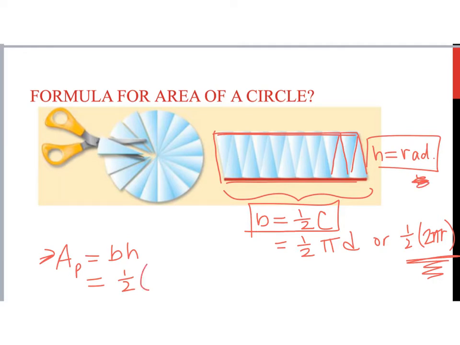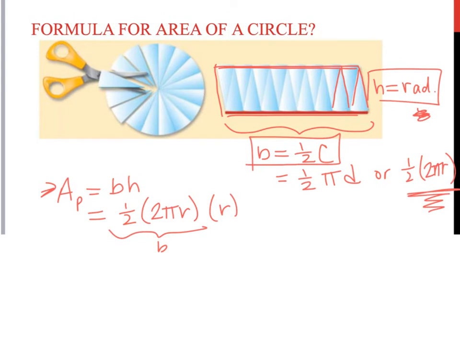So if I have 1/2 times 2 pi r as my base, and I multiply it by my height, which we said was r, my 1/2 and 2 are going to cancel, and then I have pi, and r times r gives me r squared. So the area of a circle is going to be pi r squared.